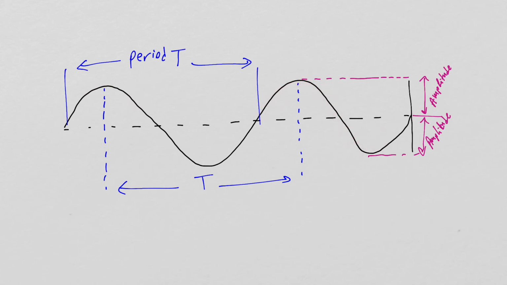So the distance between those 2 points is the wavelength of the wave. So let's label this with lambda. So this distance is the wavelength lambda.